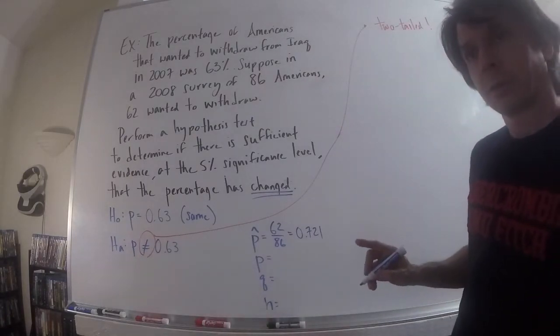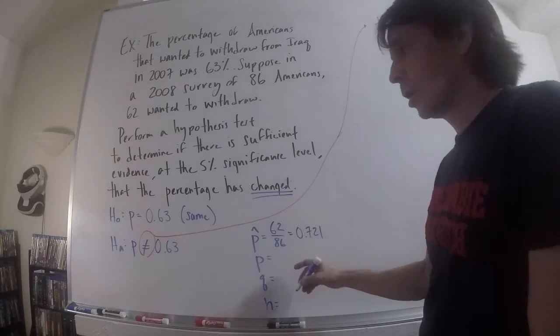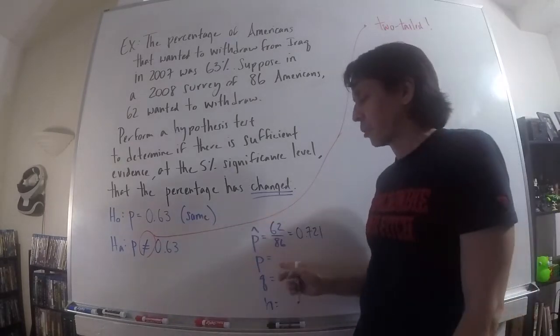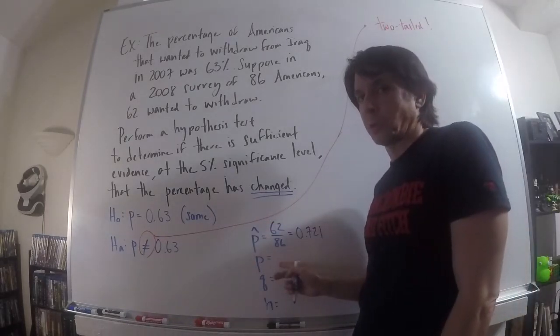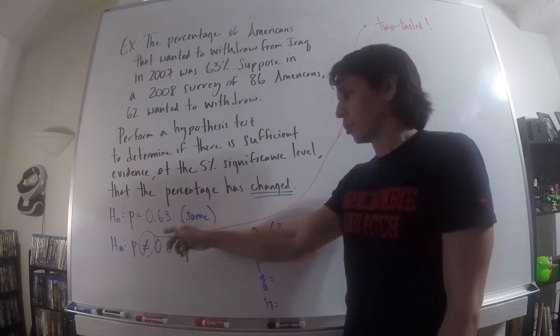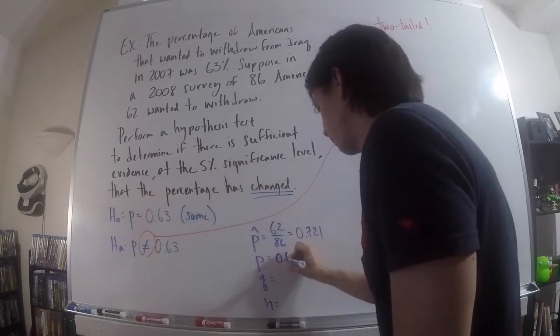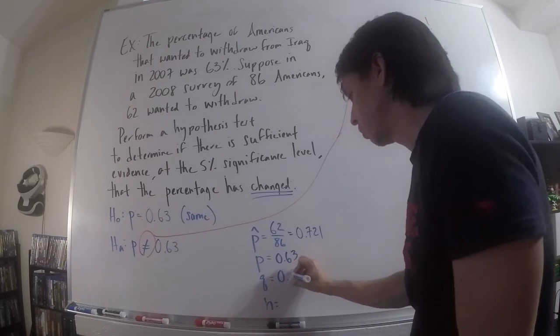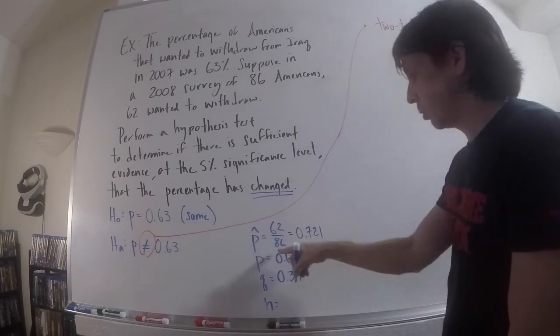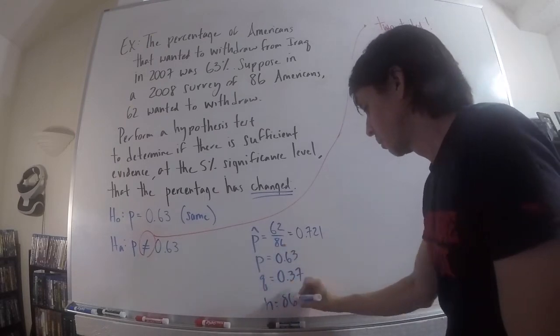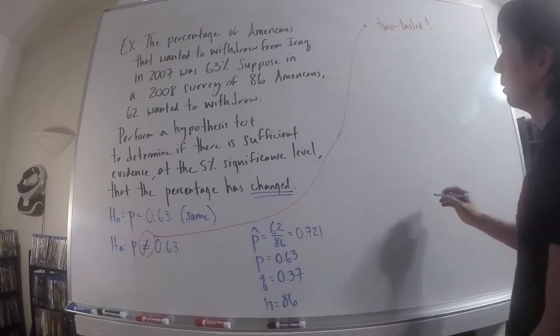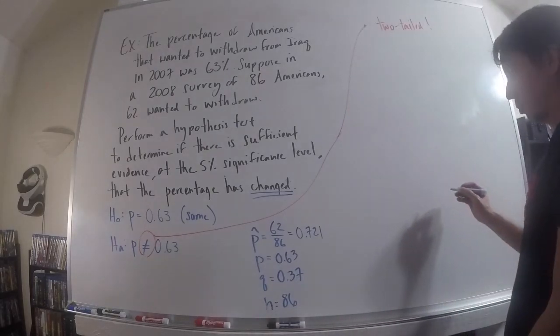Next step. Oh no, not next step. I've got to sort this out. P, the population proportion that still want to withdraw from Iraq. We assume it's 63% as it was before. Our Q is 0.37, and our N is 86. Okay, where am I going to do my Z?